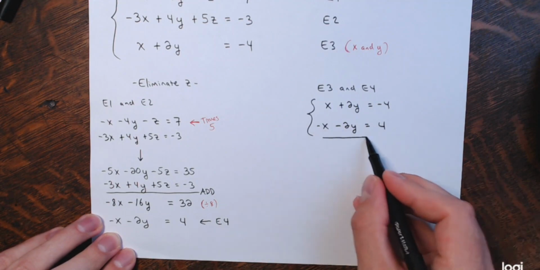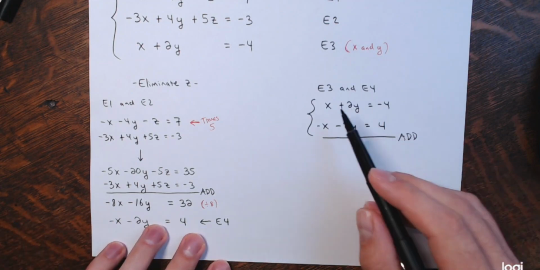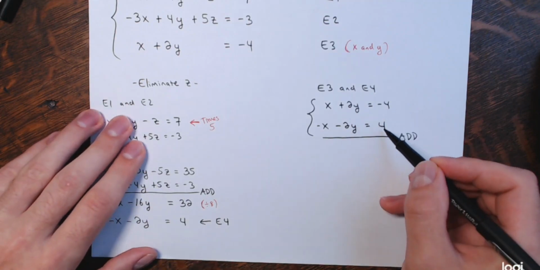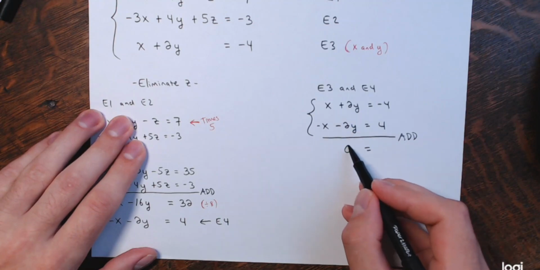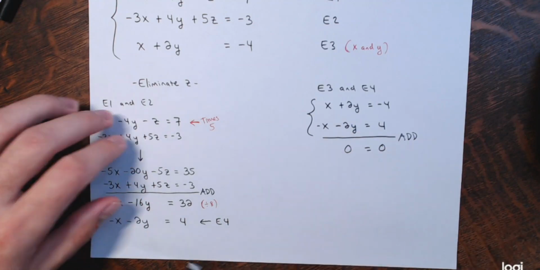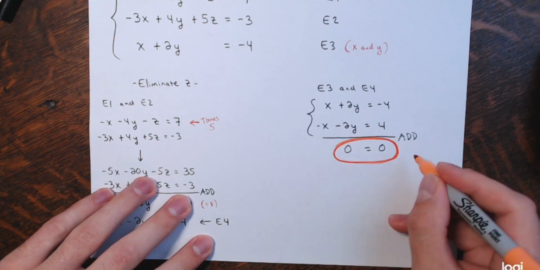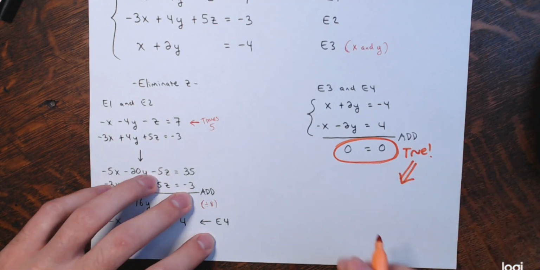And oh my goodness, look. If we add the equations the way they look right now, the coefficients of x are opposites, coefficients of y's are opposites, the constants are opposites. If I add the equations right now, we get 0 on the left, 0 on the right, and I get this statement with no variables that's always true. 0 equals 0 is a true statement, and it doesn't have variables in it, right?